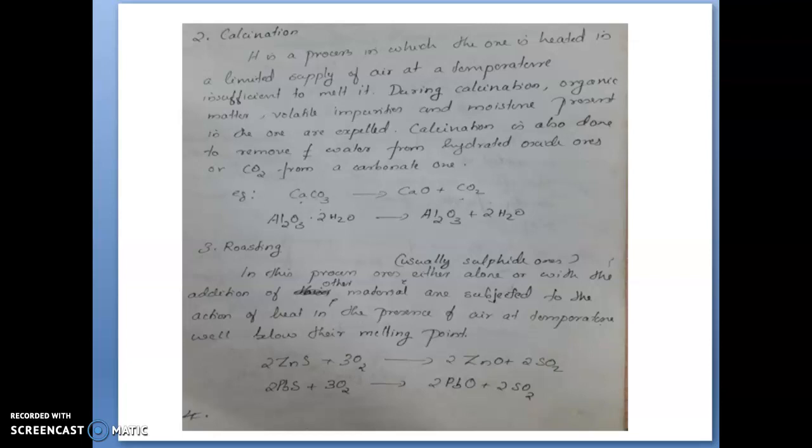The next method is reduction by heating in air. This method is used for heavy metals which are less active, whose oxides are unstable towards heat.